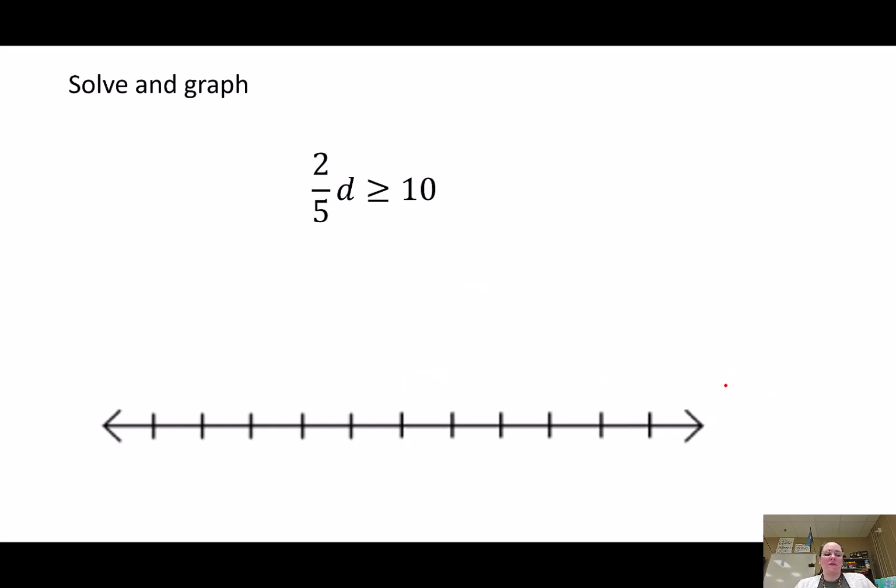Okay, let's talk about a fraction one here. I've got 2/5 d greater than or equal to 10. So remember, how we get rid of a fraction is we flip the fraction. So the bottom number comes to the top, and the top number comes to the bottom, and we multiply both sides.